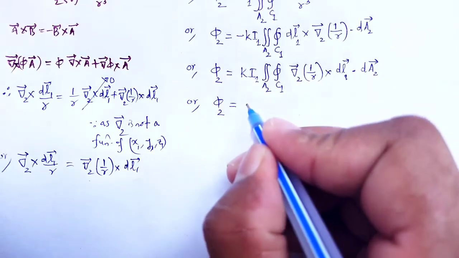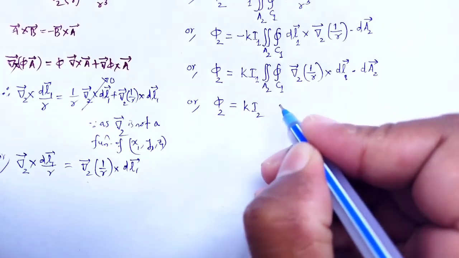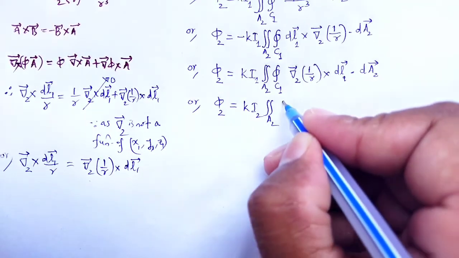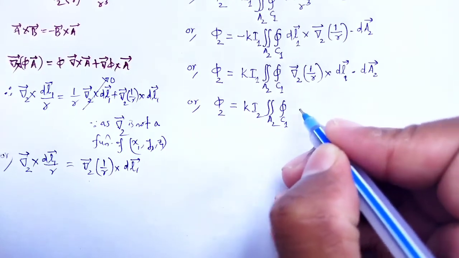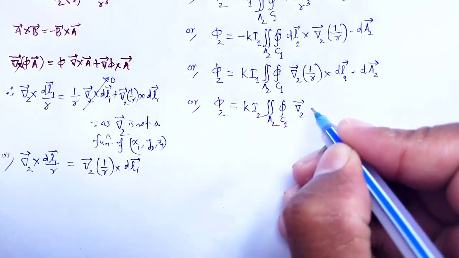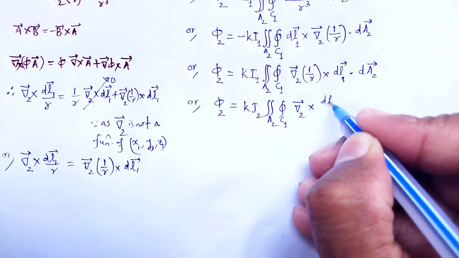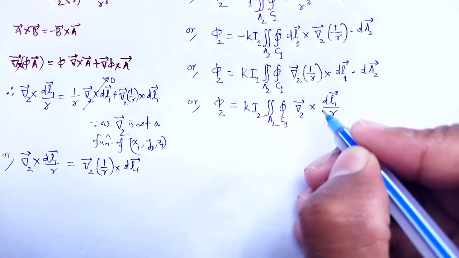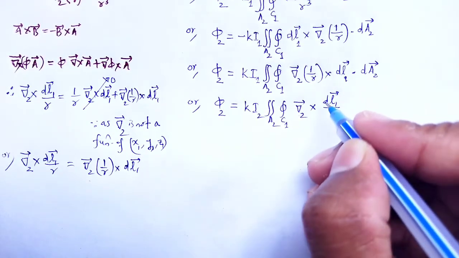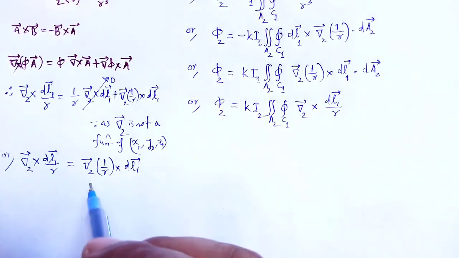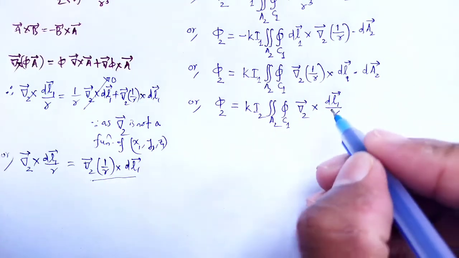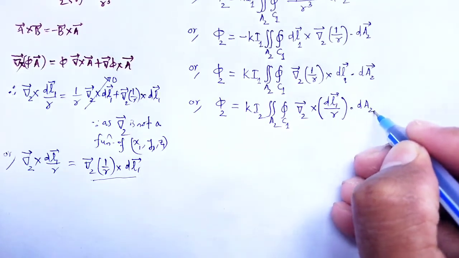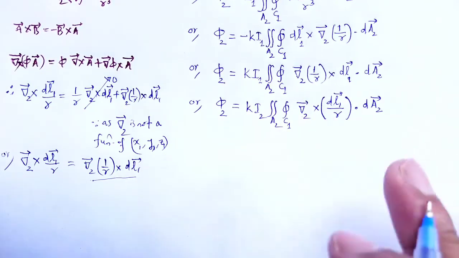So, phi 2 is equal to k I2 surface integral A2 closed curve integral C1 grad 2 cross dl1 by R, the cross product result here, dot d a2.